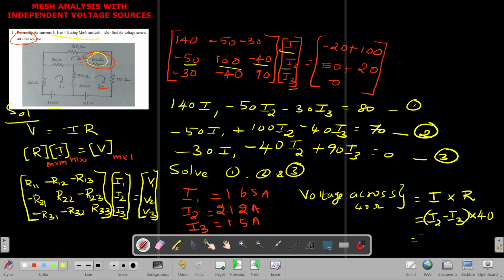Now you can apply that I2 minus I3, where I2 is 2.12 minus 1.5, into 40.